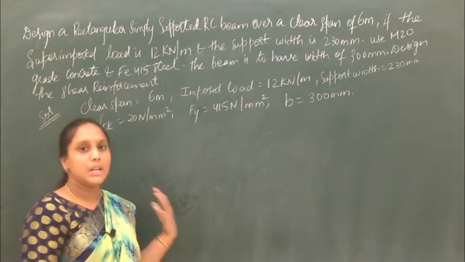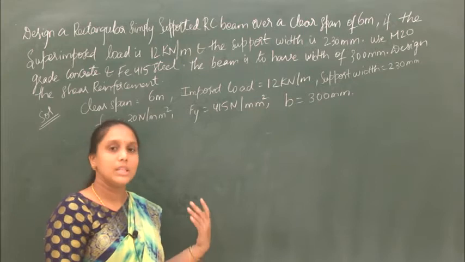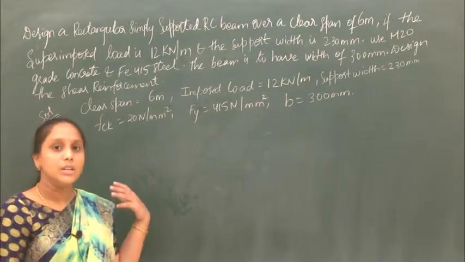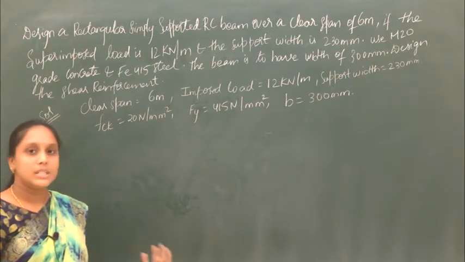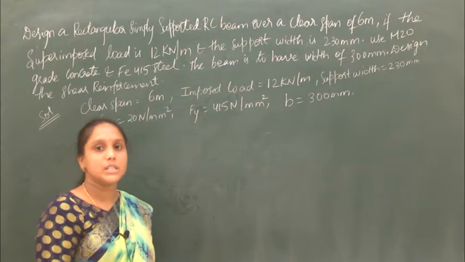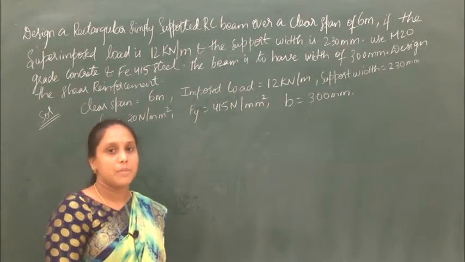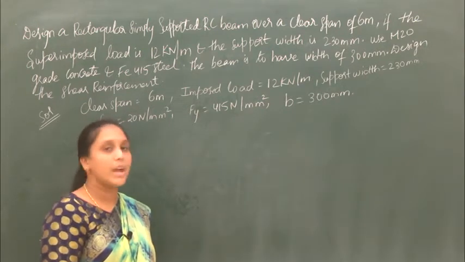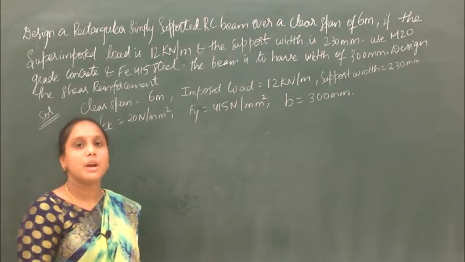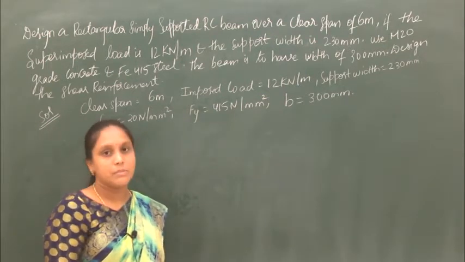So here in this particular question, we have to design the complete beam right from the starting. The design of RCC beam, we have already discussed in the previous chapter, that is in the second chapter, how to design a singly reinforced beam, a doubly reinforced beam, and T-beam sections.